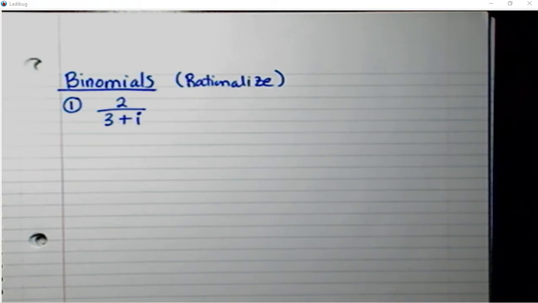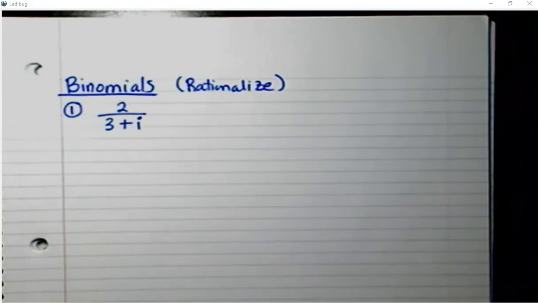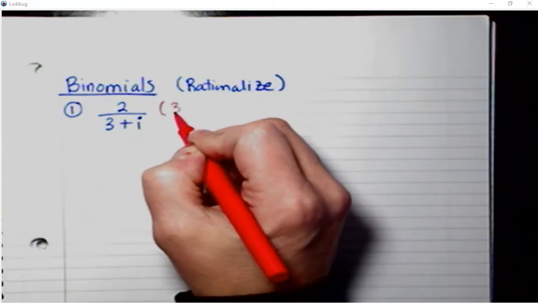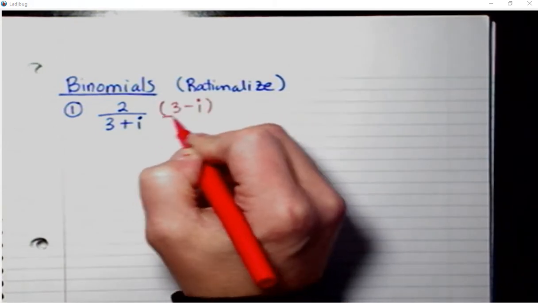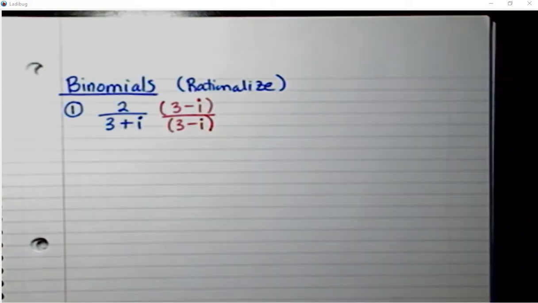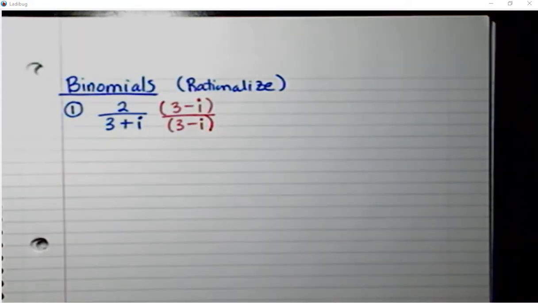What am I going to multiply by to rationalize this? Because really an i is a radical. Rationalize means no radical in the denominator. The conjugate. Right? How do you rationalize? You multiply by the conjugate. Now, this has a specific name. When we had those plain radicals, it doesn't have a special name.